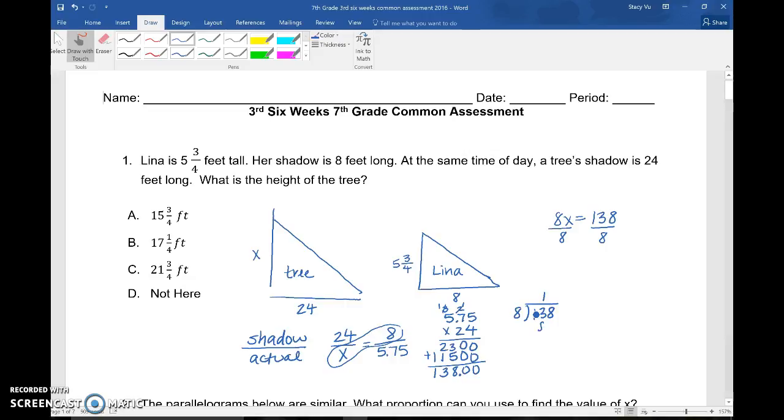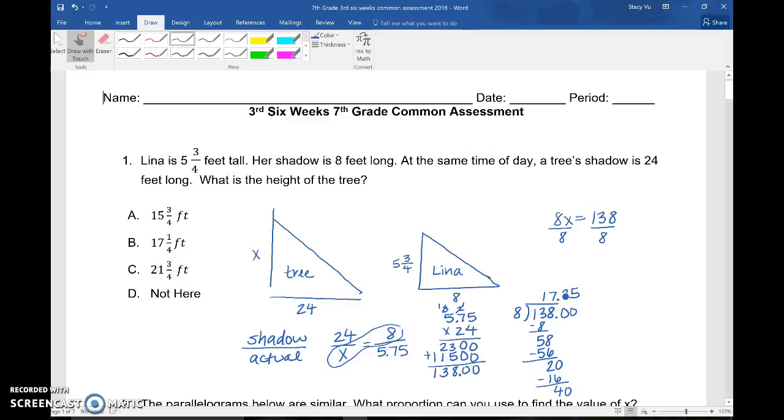8 goes into 13 one time. 13 minus 8 is 5, so 58. 7 times 8 is 56. 8 minus 6 is 2. Put a decimal and a 0. Put my decimal up top. 8 goes into 20 twice. 2 times 8 is 16. 4 minus... 8 times 5 is 40.